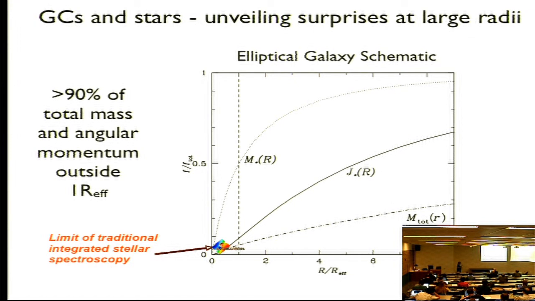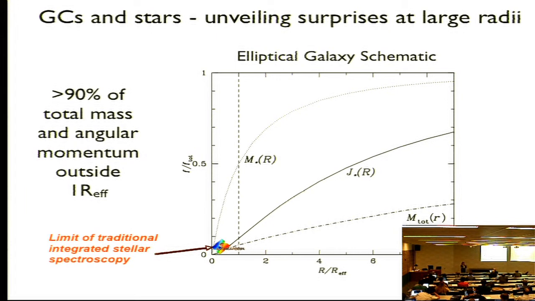This logo here is the size of the Sauron field. And the Sauron survey, as most of you know, has been a survey conducted for a number of nearby galaxies. It grew into the Atlas 3D survey, where a large number of galaxies have been observed with two-dimensional spectroscopy.